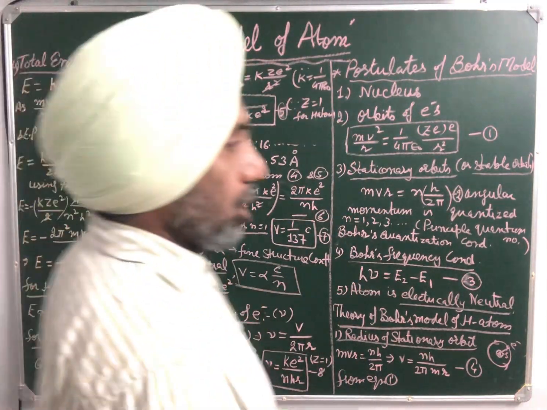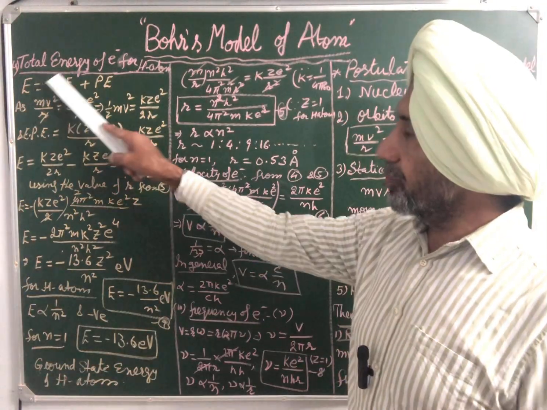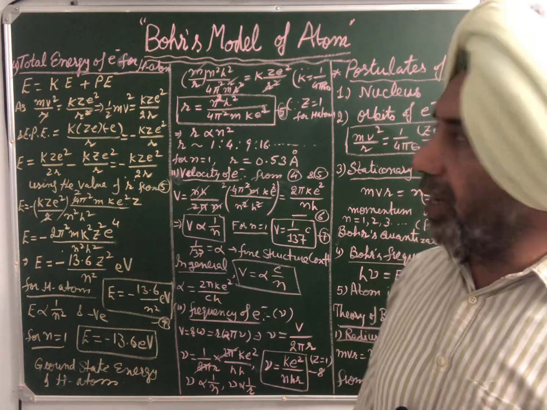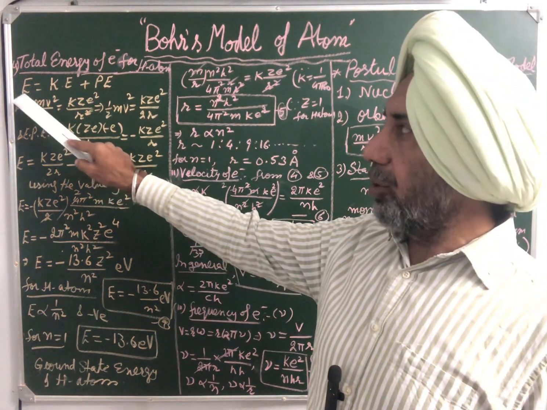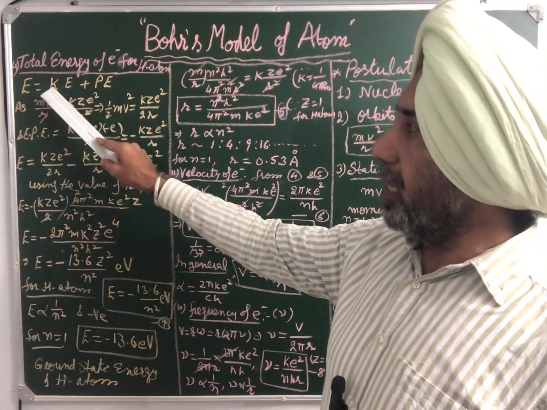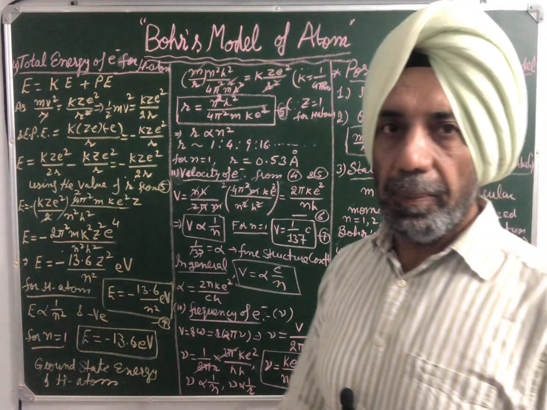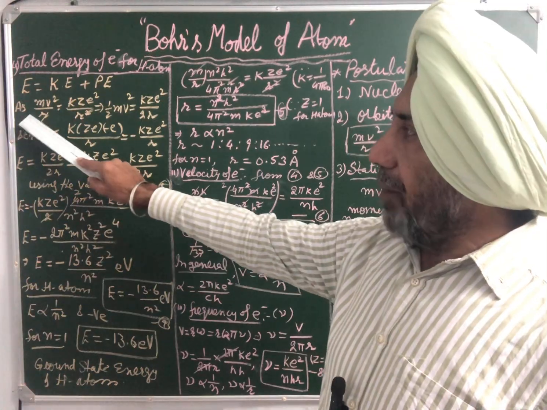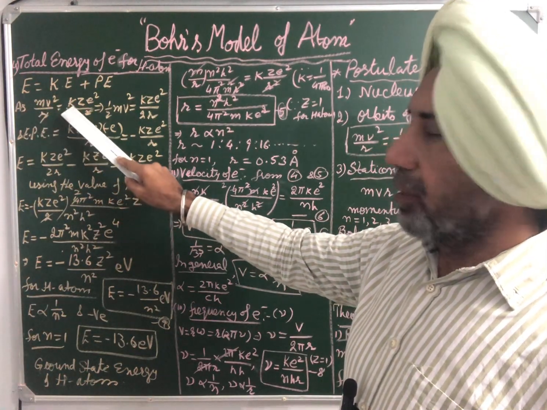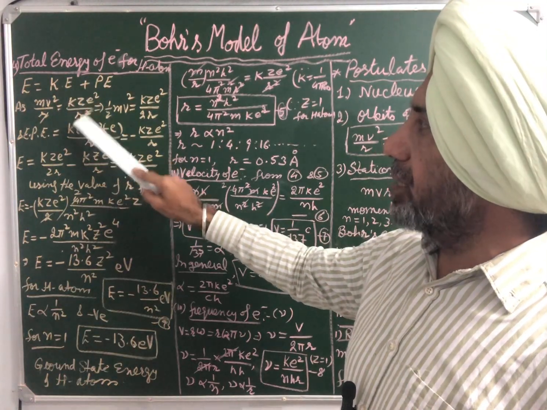Now we have to find the total energy of the H atom, the total energy of the electron in an orbit of the H atom. The electron revolving around the nucleus possesses two types of energies, kinetic energy as well as potential energy. Now m v square by r, the centripetal force, is provided by the electrostatic force k z e square by r square.